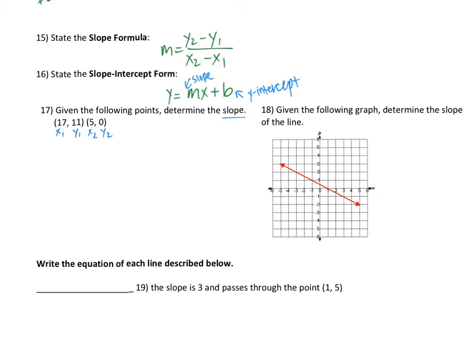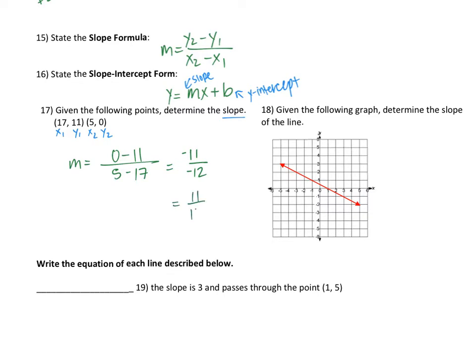Using the slope formula, you would take your y's, y2 and y1, 0 minus 11, plug that in, and then our x's is going to be 5 minus 17, which gives negative 12. So negative 11 over negative 12, with two negatives, becomes a positive.